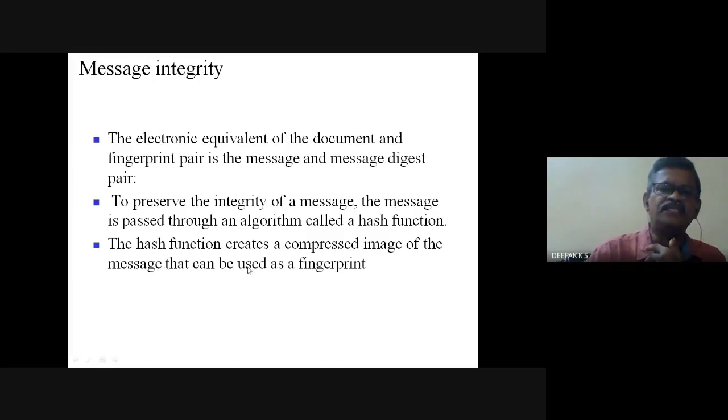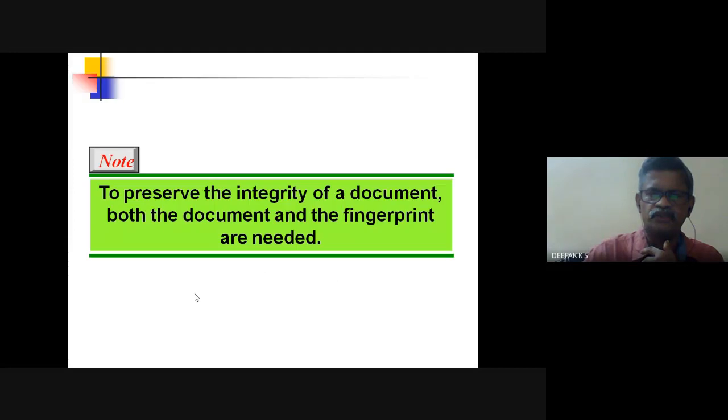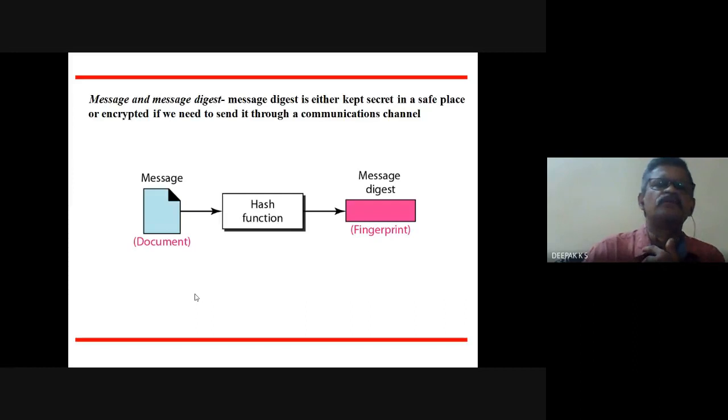The hash function creates a compressed image of the message that can be used as a fingerprint. To preserve the integrity of a document, both the document and fingerprint are needed. Electronically, you need the document and the fingerprint. So you pass the message to a hash function and you generate a message digest, which is the fingerprint.